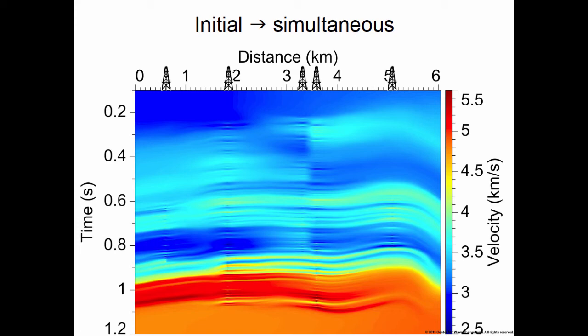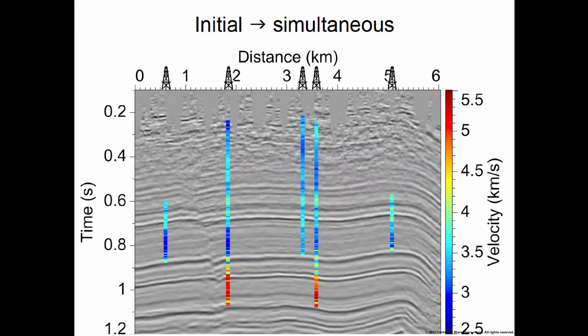Now, you may be looking at the top part of the image, probably from 0.5 seconds up to the surface. And you might see between wells 3 and 4 what looks like a fairly significant discontinuity in this velocity. And this is because we're trying to tie these logs to a really noisy part of the seismic image.